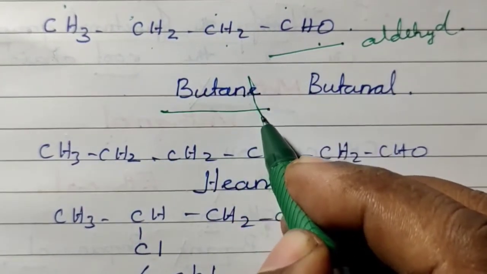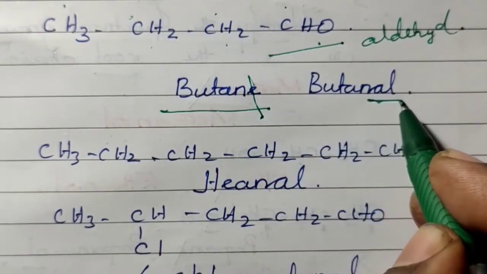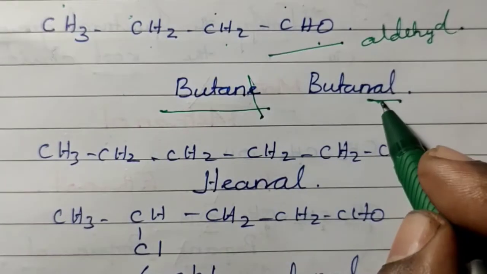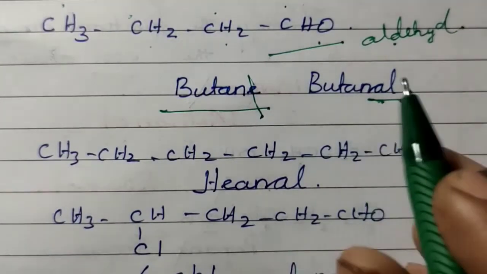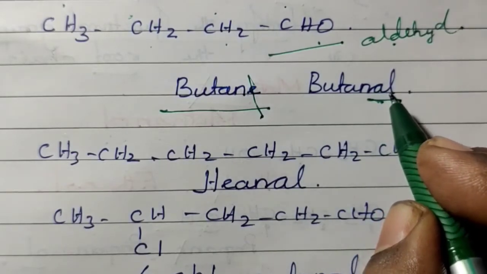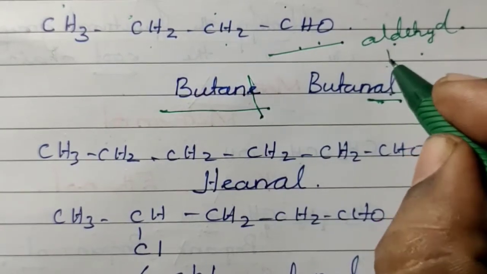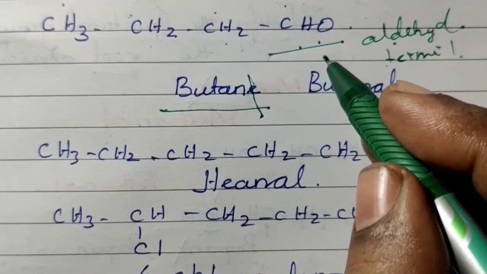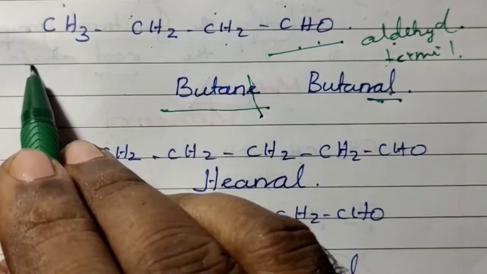So remove the last E. For that we have to add Al as the suffix. Al indicates aldehyde group. But here we are giving no number for Al. Why? Because the CHO group, that is aldehyde group, is called terminal group. Usually it comes only in the terminal position. So there is no need of giving number for CHO group. The name is butanal.